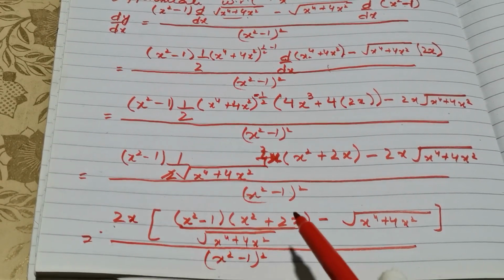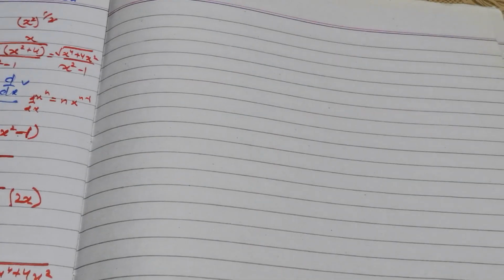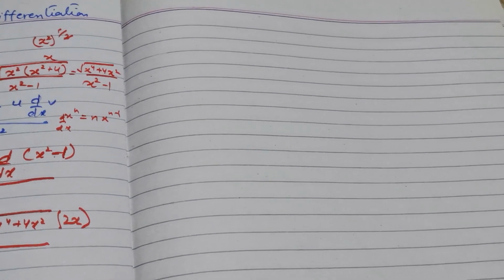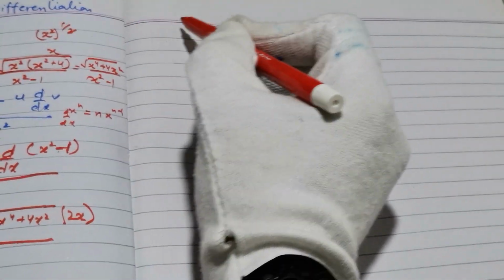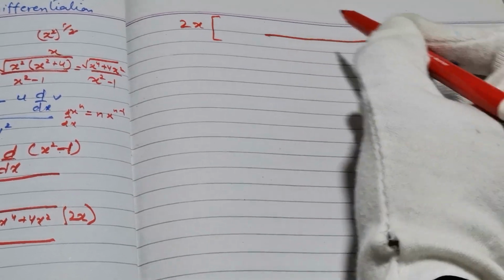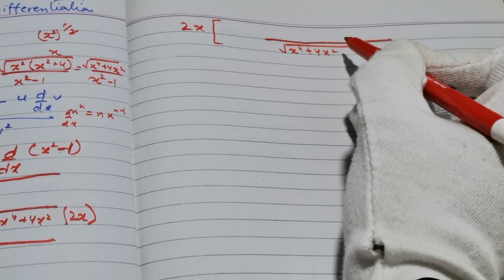Now in the next step, this is one term, this is second term. Now we will take LCM of these two terms. LCM 2x, LCM is under root x4 plus 4x square.